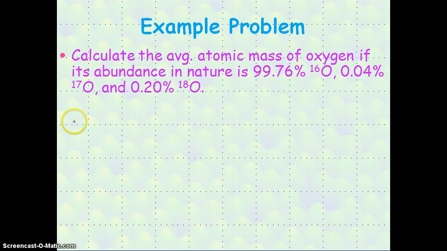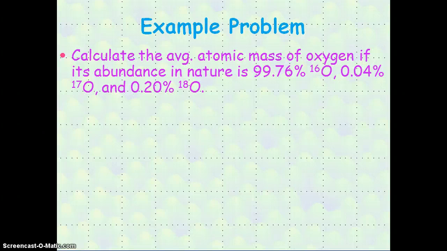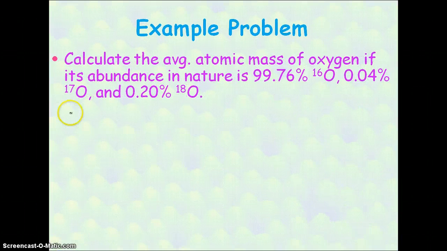All right, so we get 0.9976, and that's for isotope with a mass of just 16.